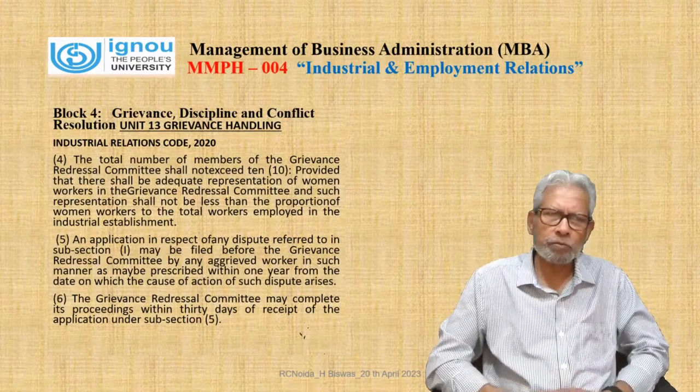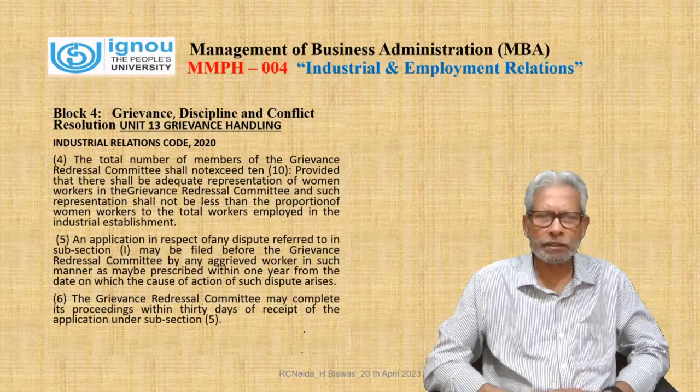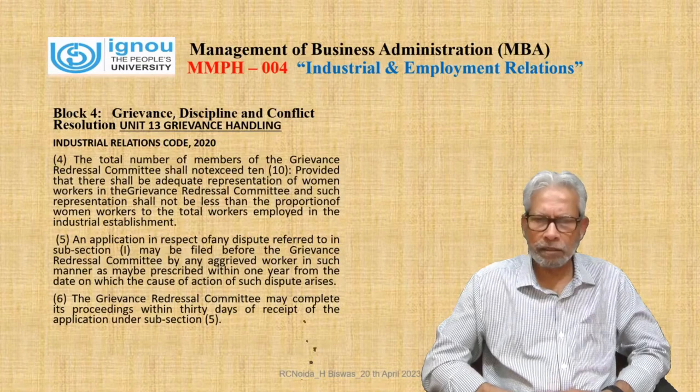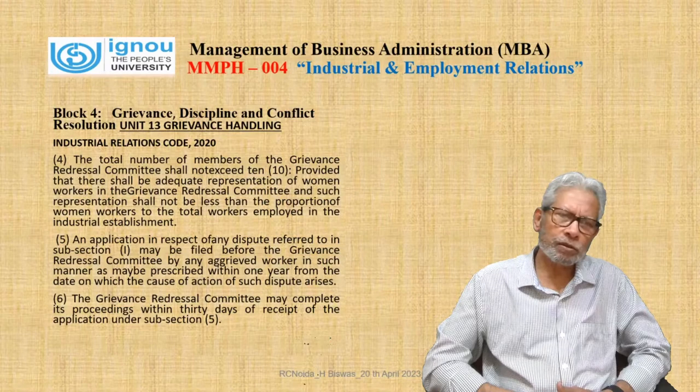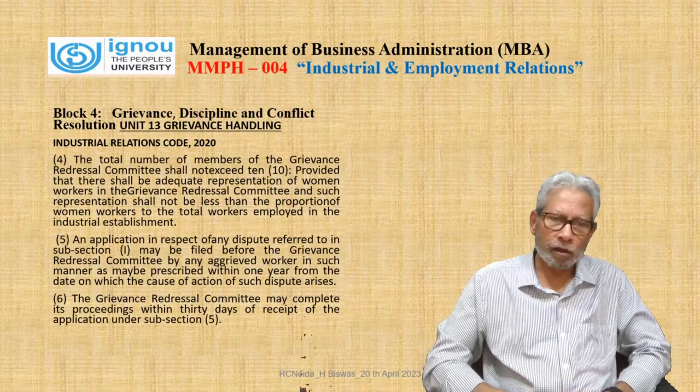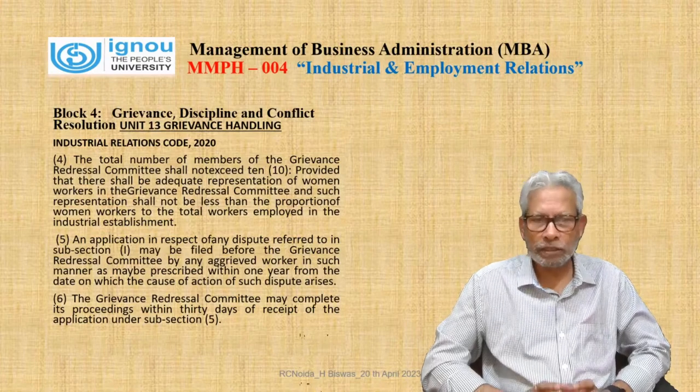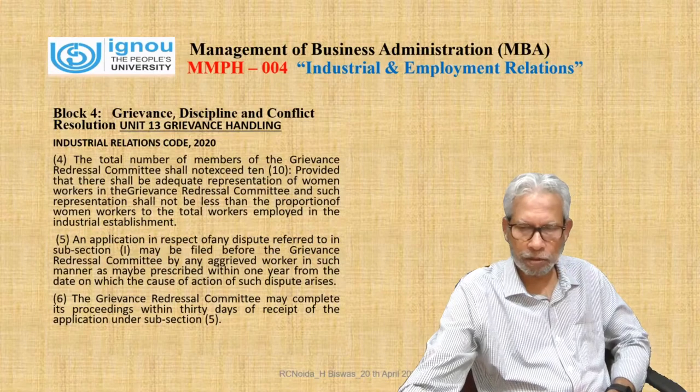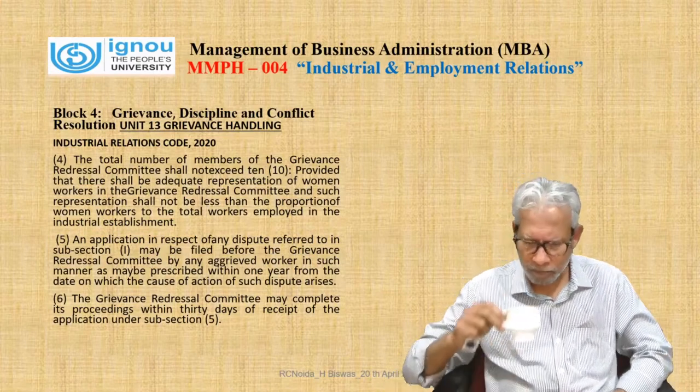There are some procedures given on how to proceed with the case. The committee shall complete its proceedings within 30 days in respect of applications under the sub-section. So the number of days is also mentioned there.